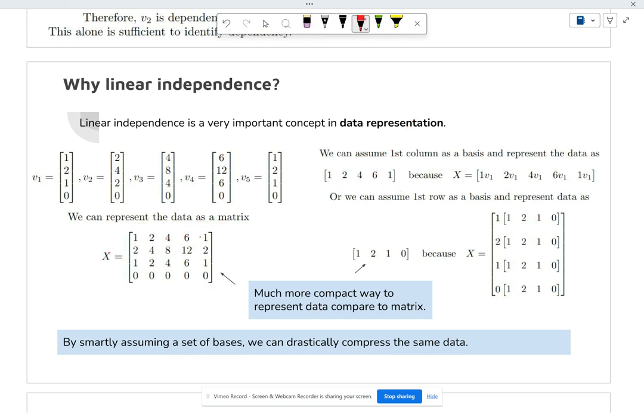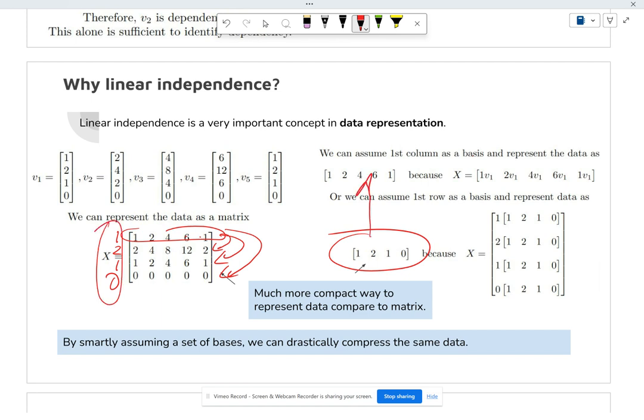But another way is we can use the first row as the basis. If you use that as the basis, then it's 1, 2, 1, 0. You take this, multiply by 2, it'll give you this. Multiply by 1, multiply by 0, it will give you this. So we can just write 1, 2, 1, 0. This is even smaller than this.